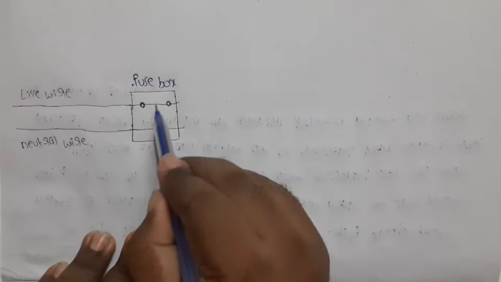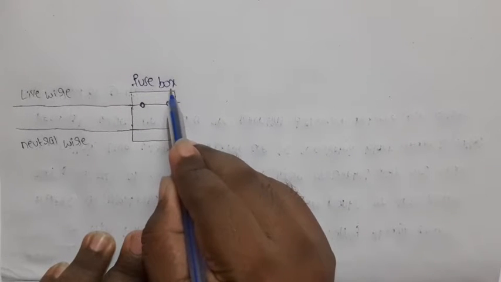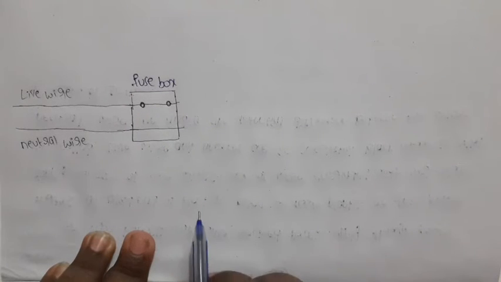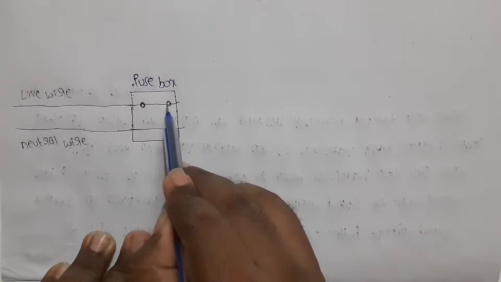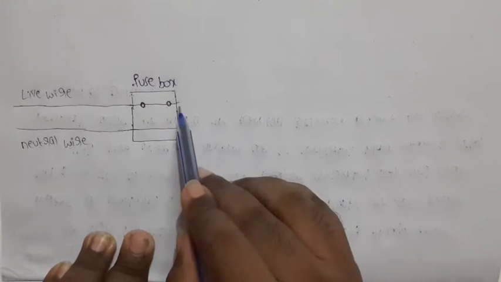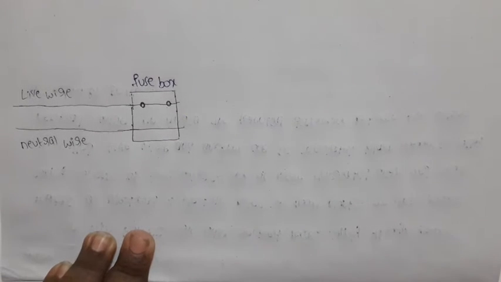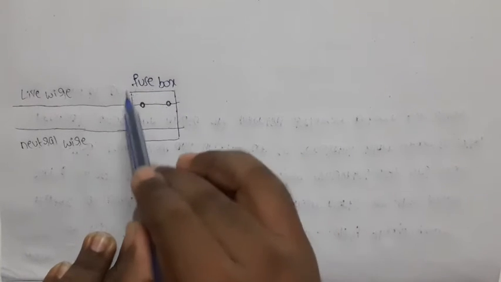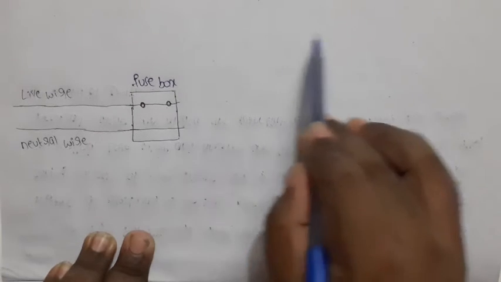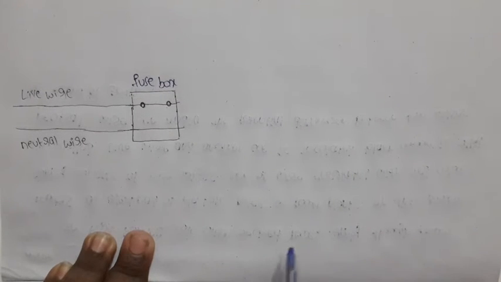In that situation, the copper wire in the fuse box easily melts. When it melts, the copper wire breaks, so current does not flow into the electric circuit. So what is the use of the fuse box? It protects the electric circuit from short circuits or overflow of current.